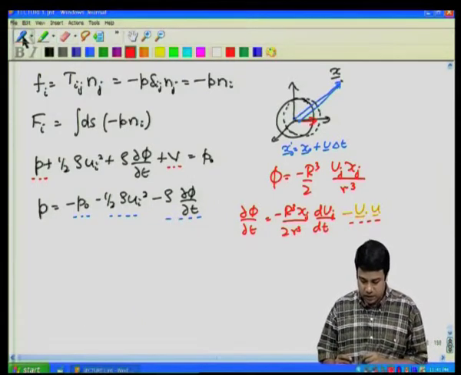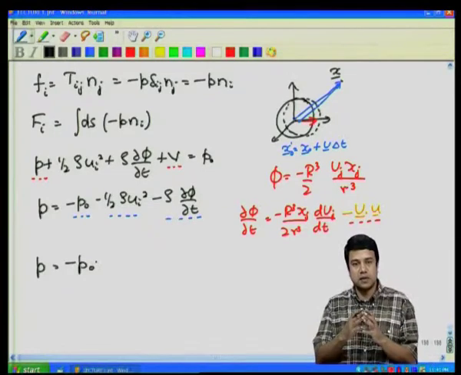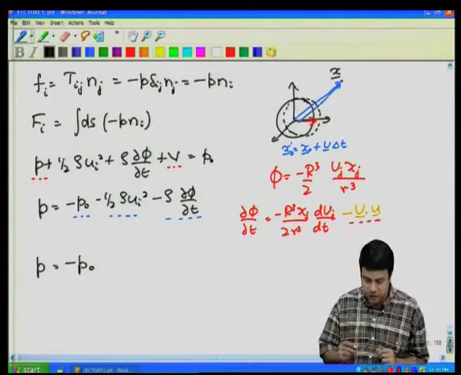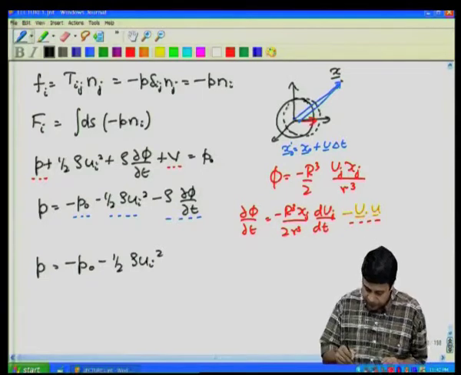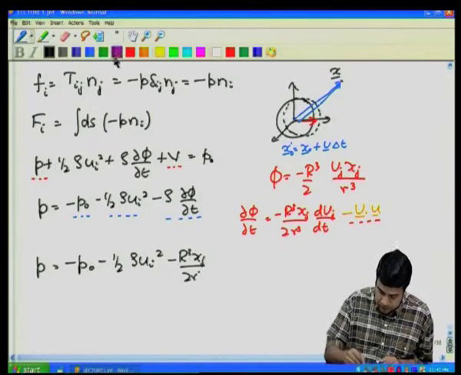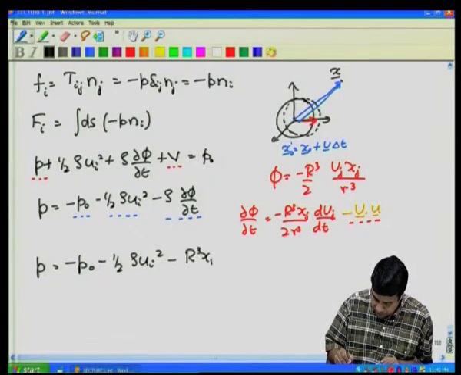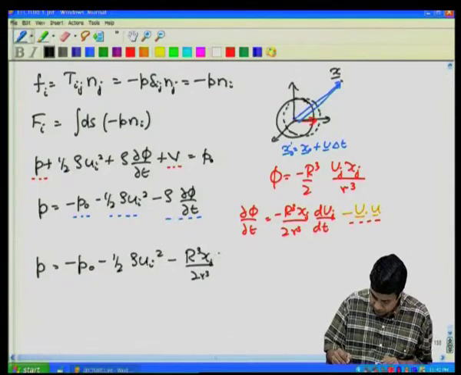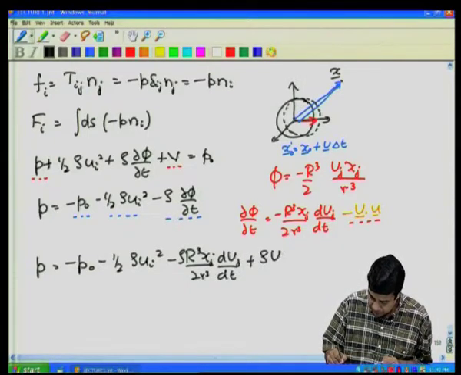So, if I calculate the pressure in this reference frame, using my potential which was calculated in a moving reference frame, I get minus half rho ui square, minus rho r cubed x j by 2, I should have a density there, plus rho uj times uj.